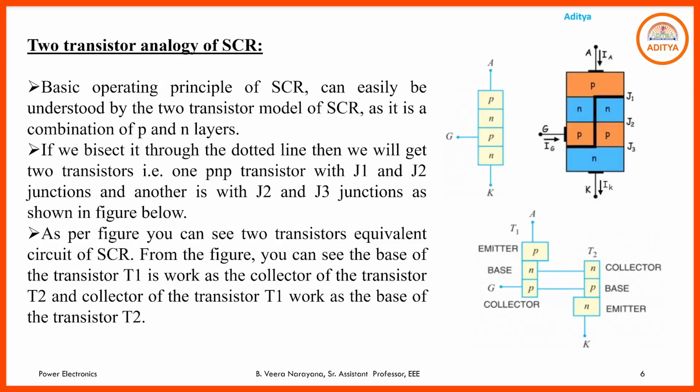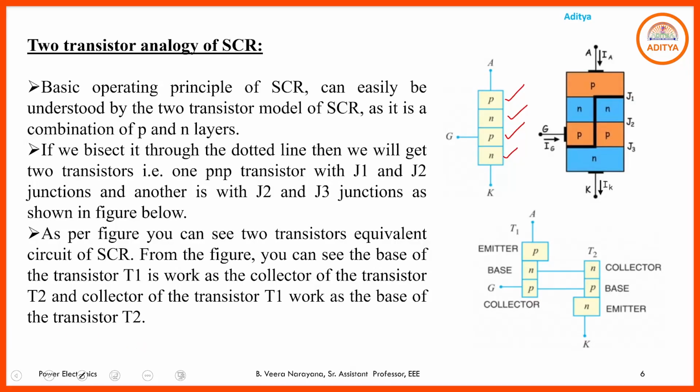If you go through the construction of the SCR, it is a 4 layer, 3 junction, 3 terminal power semiconductor device. 4 layers means here we have P, N, P and N layers. So in the construction you have 2 P layers and 2 N layers alternatively connected.